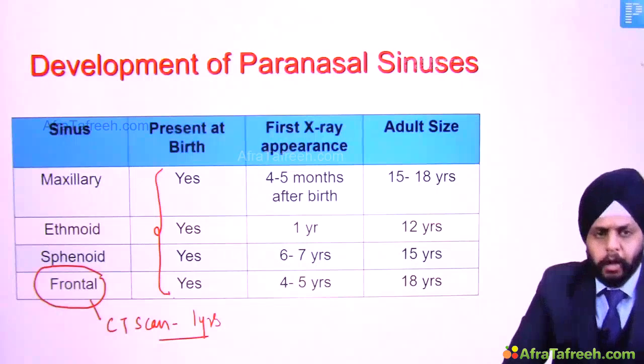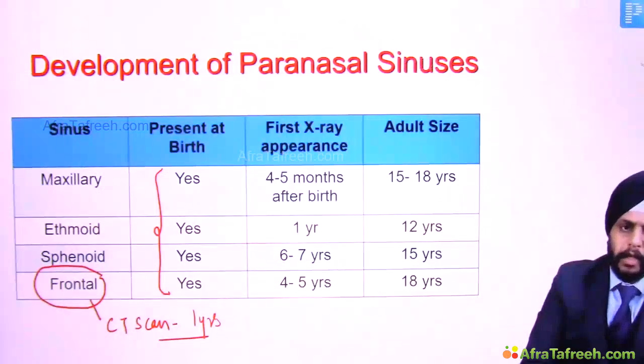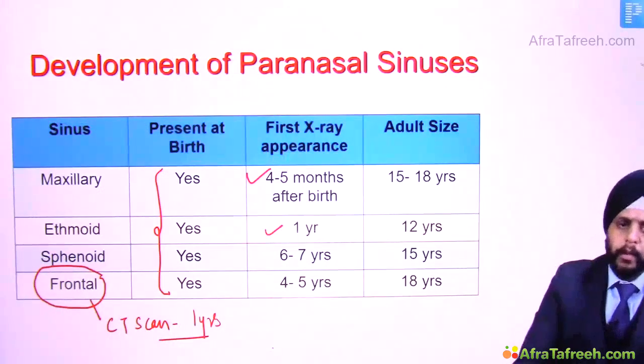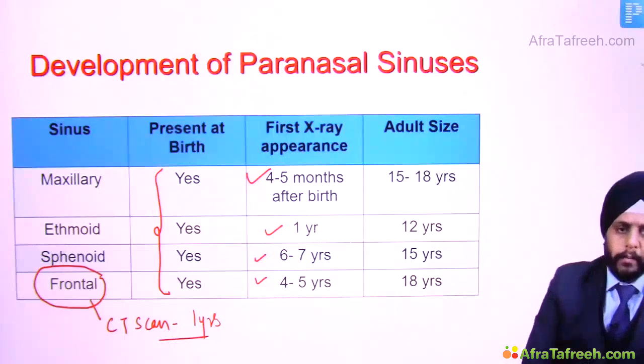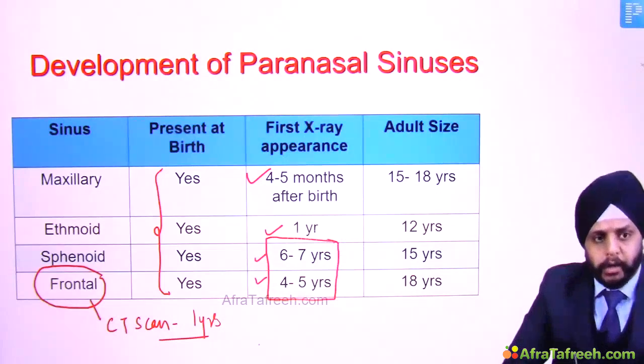Now the first X-ray appearance for maxillary sinus we discussed was 4 to 5 months. Ethmoid was 1 year. Sphenoid we know is 6 to 7 years, and frontal we have discussed is 4 to 5 years. Now remember that this frontal sinus and sphenoid sinus is given incorrect in many undergraduate textbooks.